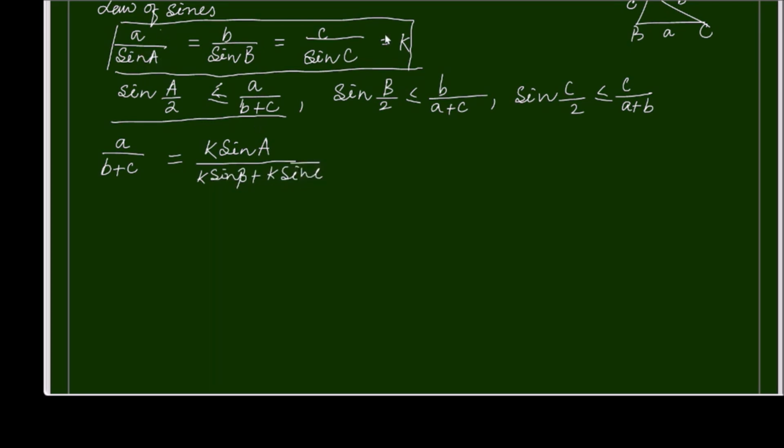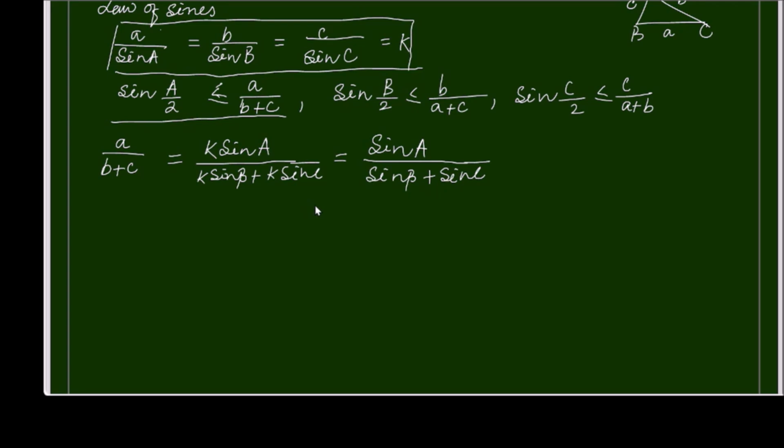So a equals k sine A, b equals k sine B, c equals k sine C. Now taking k outside from the numerator and denominator, I will get sine A over sine B plus sine C.